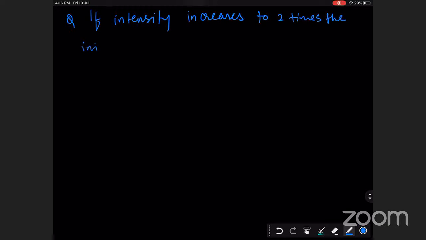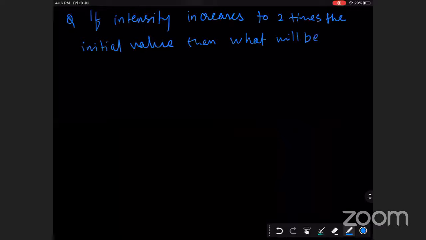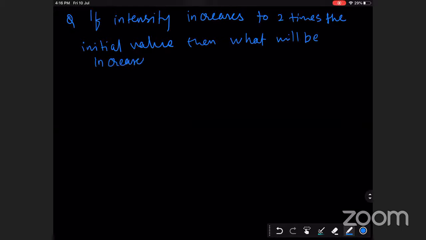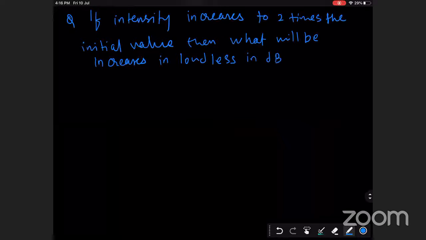Let's take one more easy question. If intensity increases to 2 times the initial value, then what will be the increase in loudness in dB? चलो भाई बताओ.